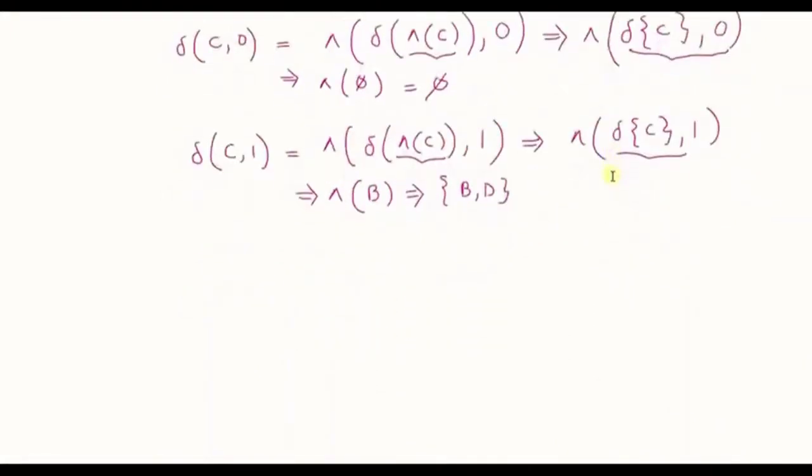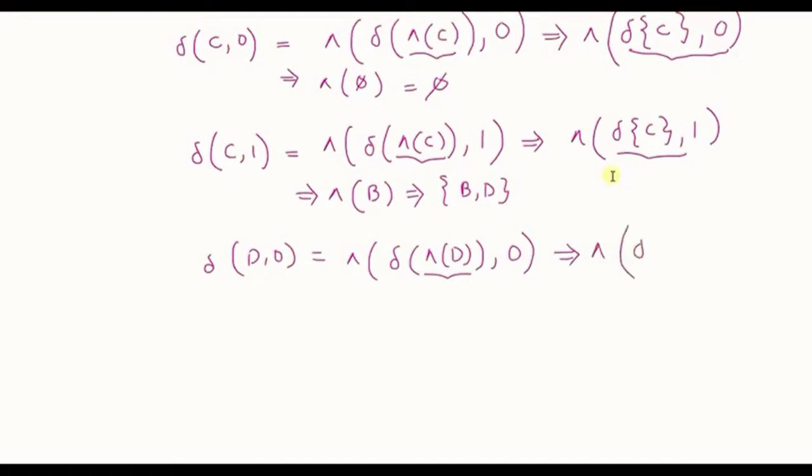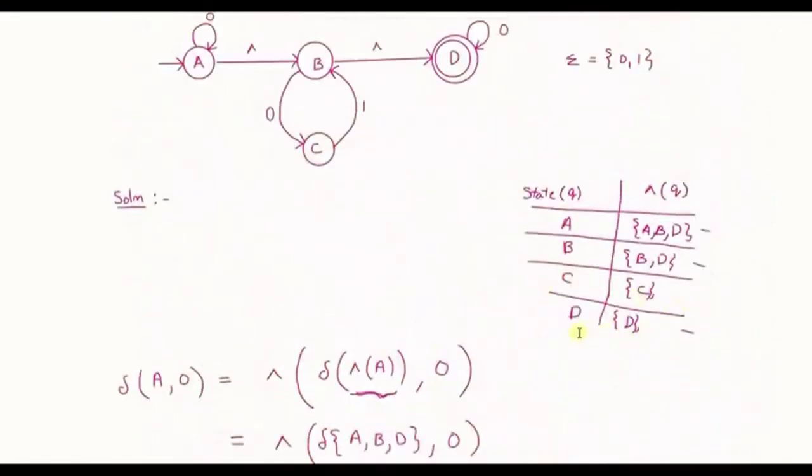Next we find out what is delta of D on 0, which will be E closure of delta of E closure of D comma 0. So we need to now find out what is E closure of D and substitute. This will be delta of, if you see the definition, E closure of D in the table gives you D itself.